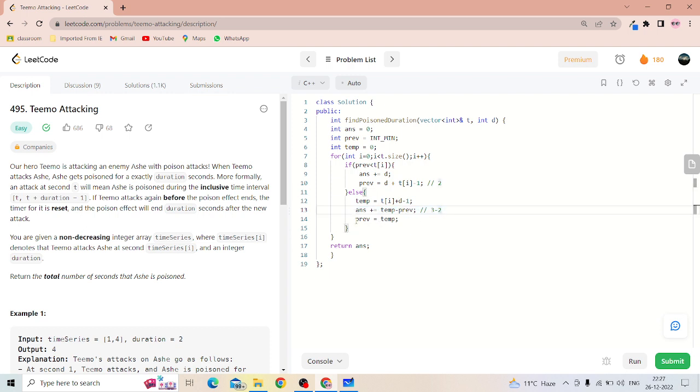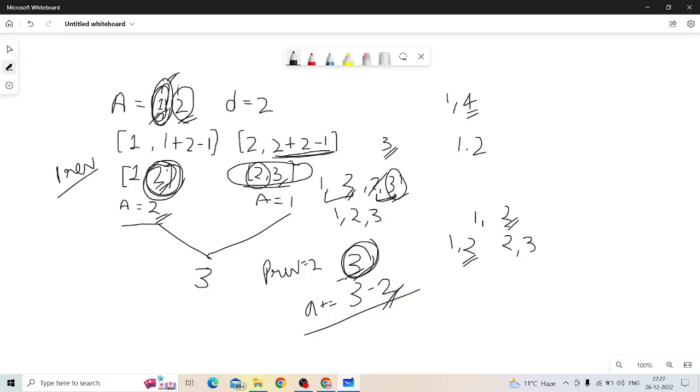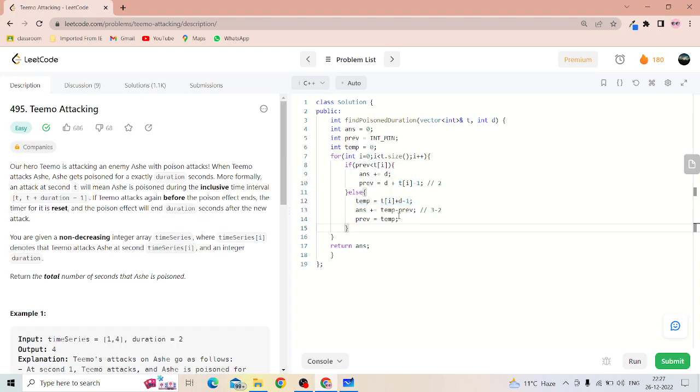Also we will update this previous. Now previous is this 3. Previous is the last number of the duration. So we are updating the previous and adding temp minus previous to the answer.